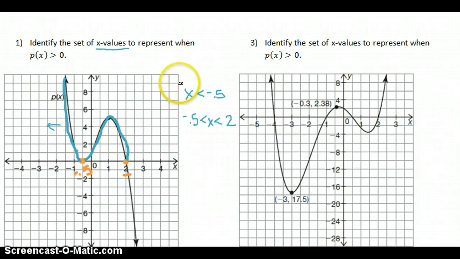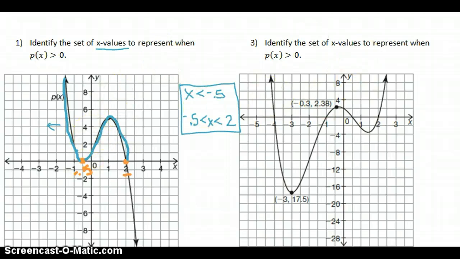My solution set to question number 1 is that x is less than negative 0.5, and that x is between negative 0.5 and positive 2, and we read that as negative 0.5 is less than x is less than 2. Notice that the inequalities are both pointing towards the smaller value. They will never point in opposite directions if you have what we called a compound inequality. So that's how you do a question like number 1.